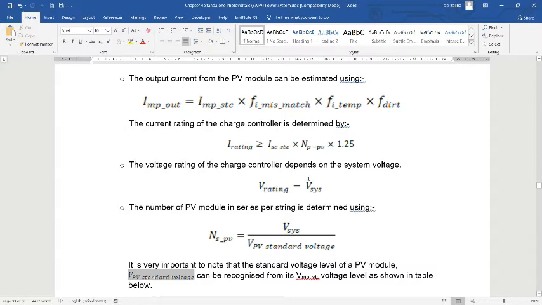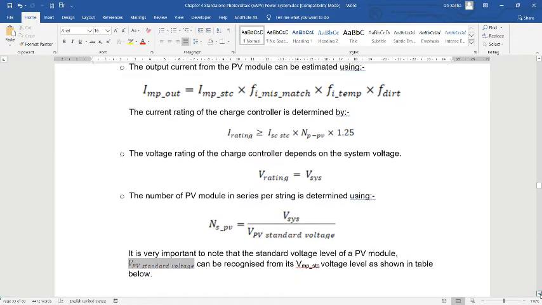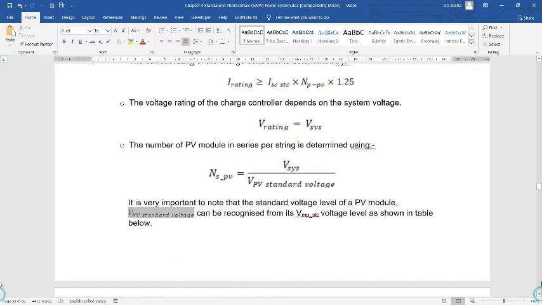So the system voltage should be similar to the voltage rating of the charge controller. So we have seen before this 12 volt or 24 volt. For example, divide with VPV standard voltage. So you need to match with the standard voltage from the PV module.